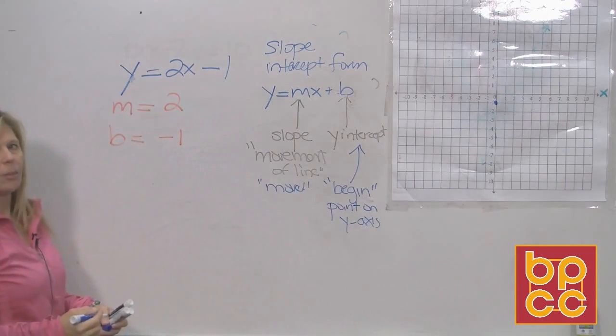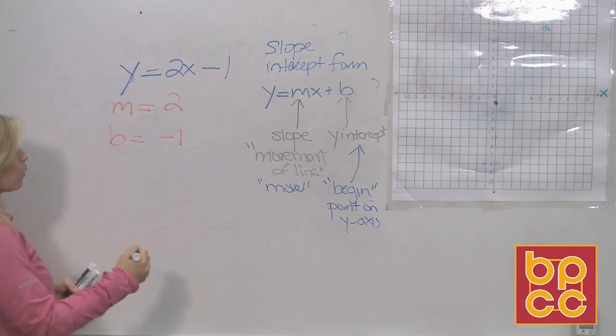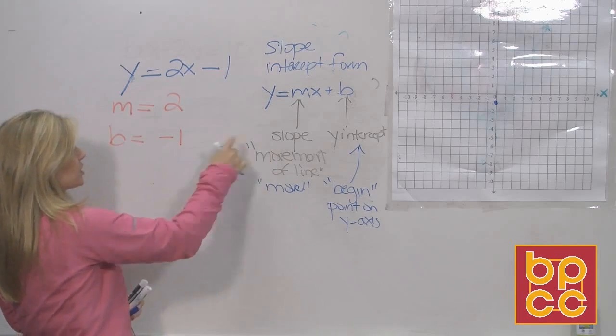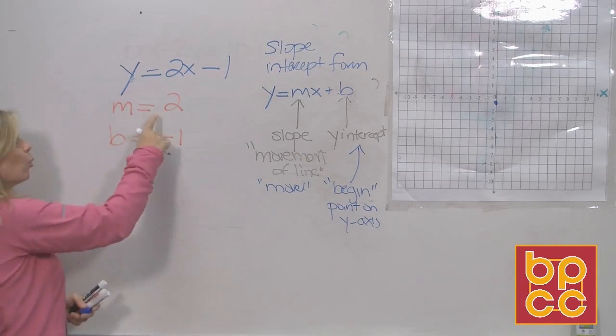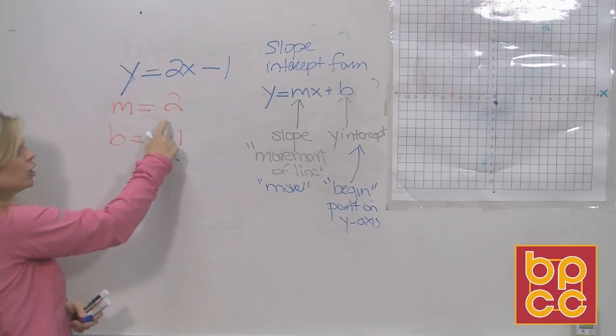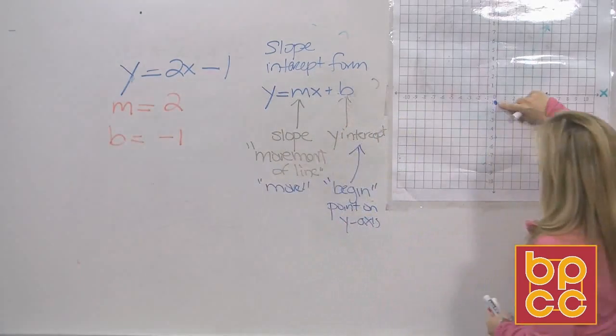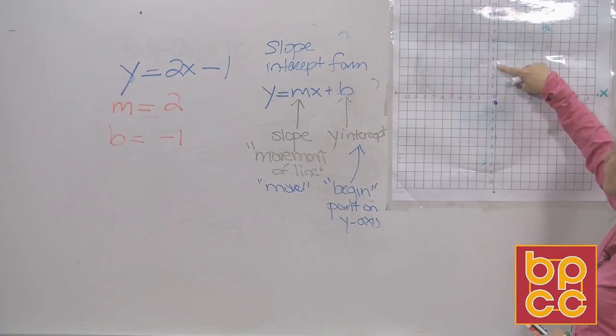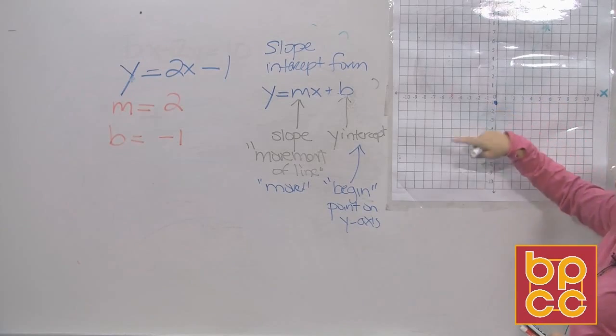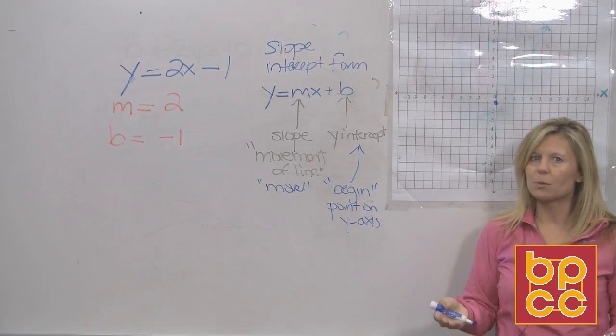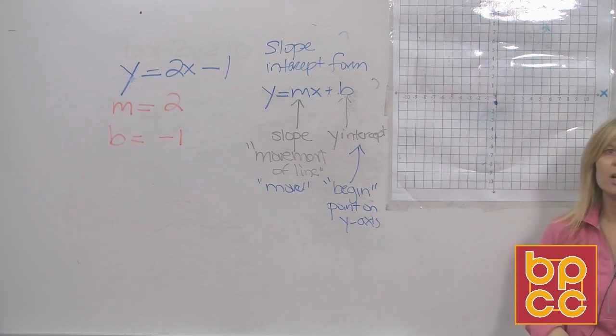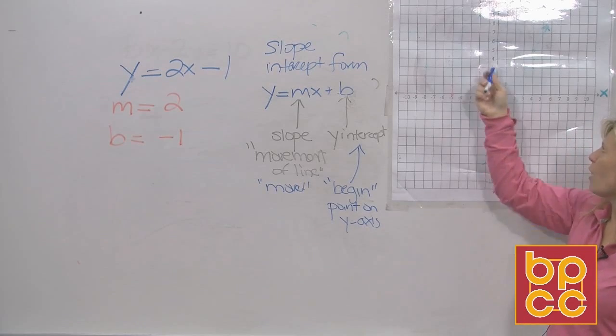Now that you're done using the begin, the y-intercept, now we're ready to move. Movement is slope. The problem is, what's your slope number? It's a 2. Well, what does that mean to the graph paper? From here, do I go up 2, down 2, right 2, left 2? Well, the first problem is to move on this system, you have two options. Do you move up or down?